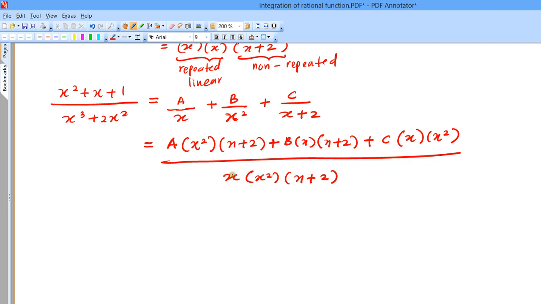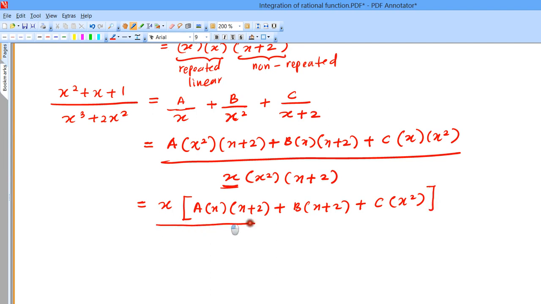So we can factor out this x from the numerator, and then we can cancel out this x.